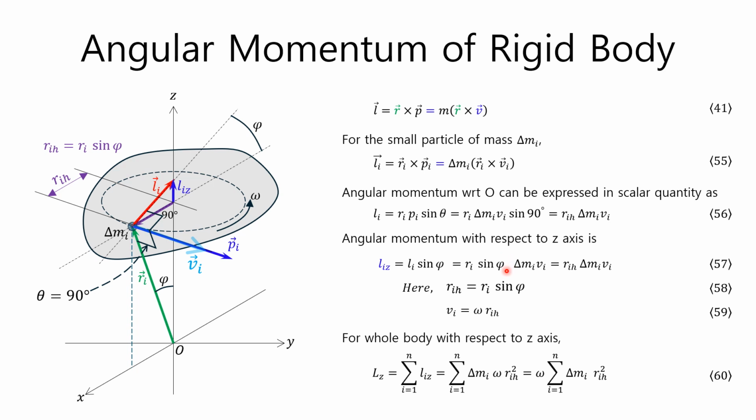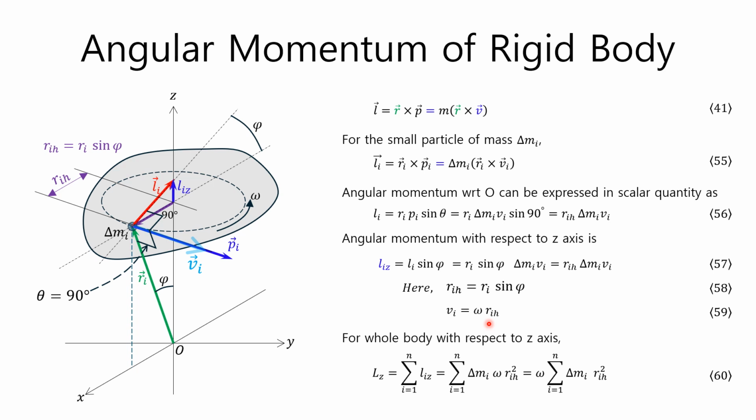The velocity vector vi has the same direction as the linear momentum vector pi, and when expressed as a scalar quantity, it can be expressed as the product of the angular velocity omega and the radius of rotation Rih, as in equation 59.